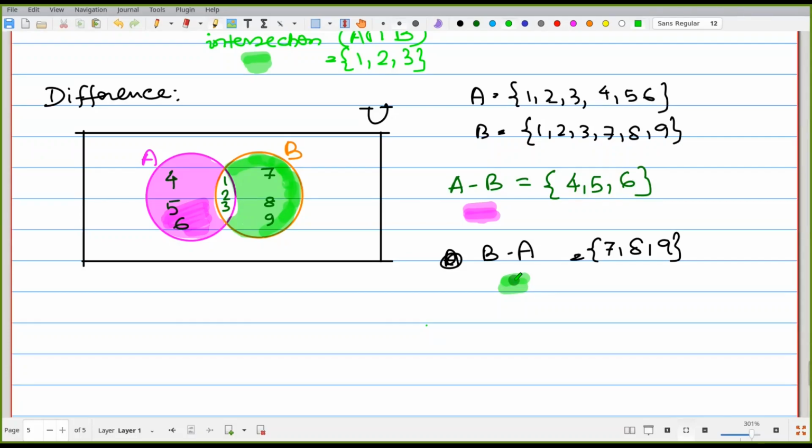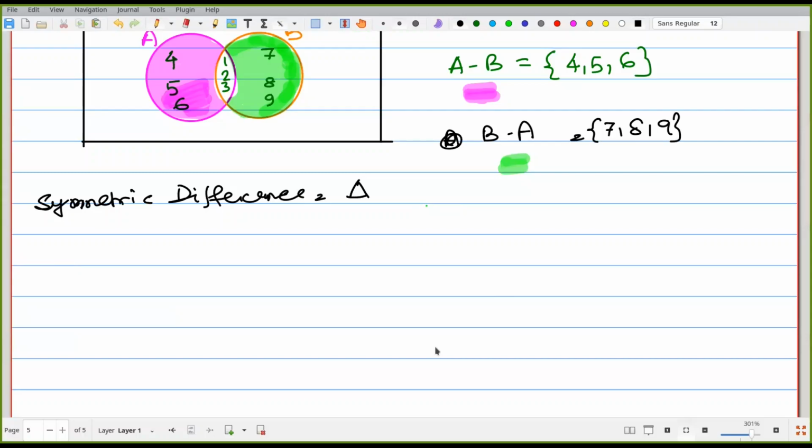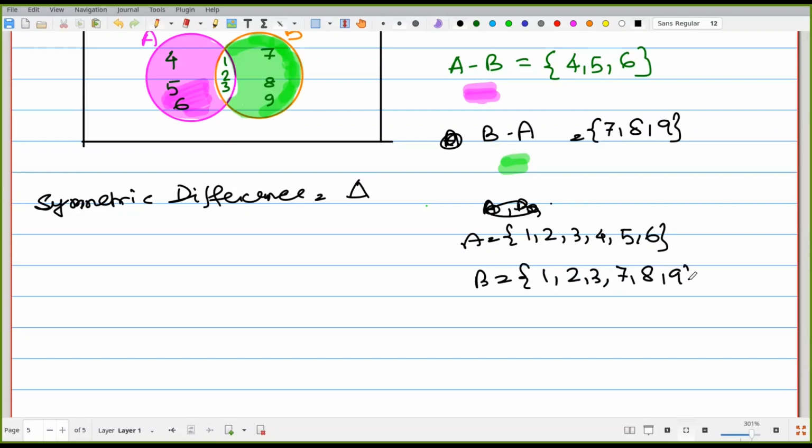Another operation is symmetric difference. How we can proceed with the symmetric difference in a Venn diagram. Suppose symmetric difference means we have delta, capital delta, and once again we have A equal to 1, 2, 3, 4, 5, 6, and B equal to 1, 2, 3, 7, 8, 9.